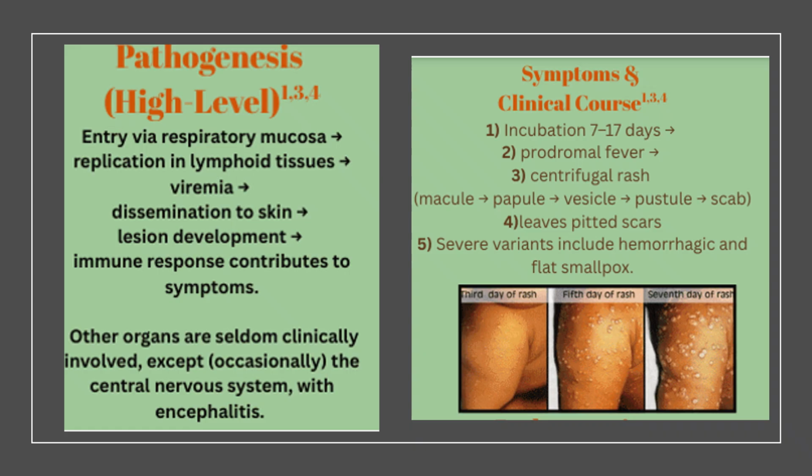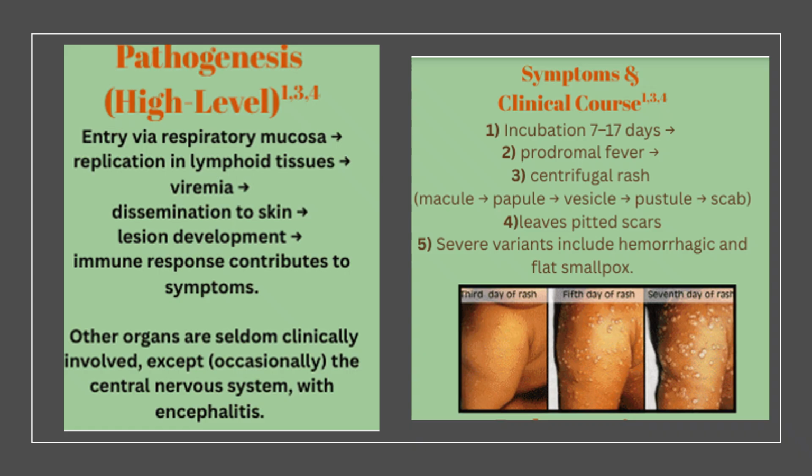The rash has different timelines. So as you see in this image here of a child who's been infected, the rash appears on the 3rd day, and then on the 5th day, it starts to inflame or pustulate, and then eventually it'll scab.